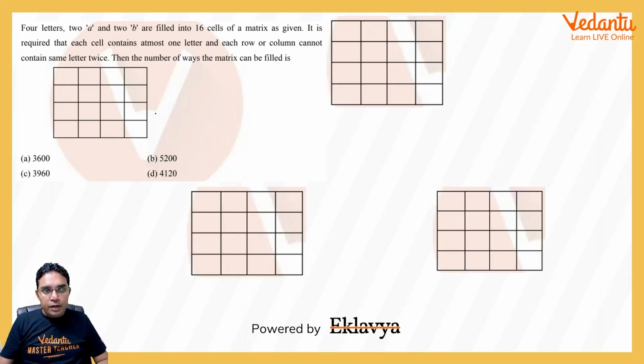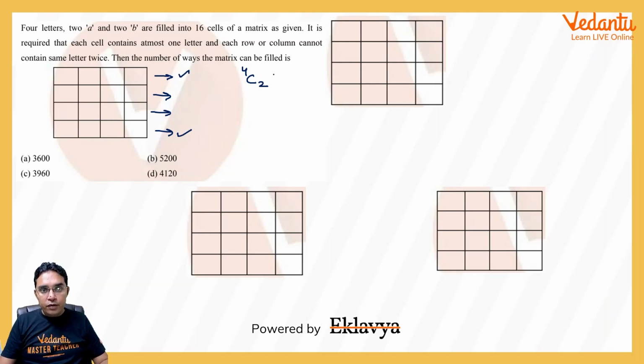Please understand. First, I will be filling A's and I have 4 rows, 1, 2, 3, 4. So these 2 A's can go in 2 different rows, and which 2 rows we can choose in 4C2 ways, maybe the first and the last one.